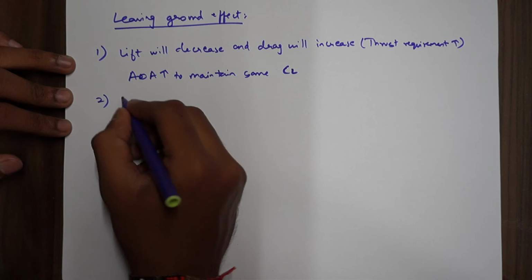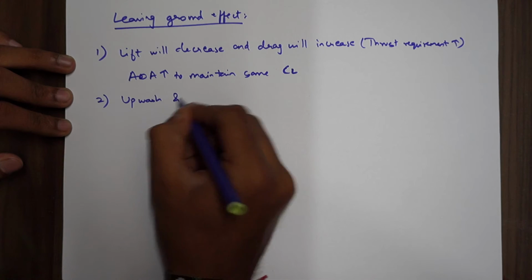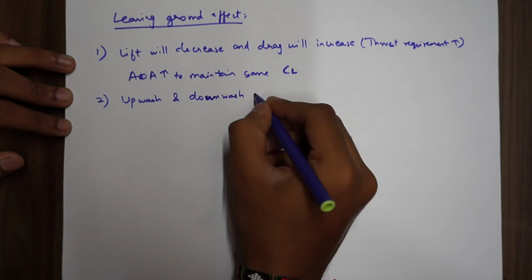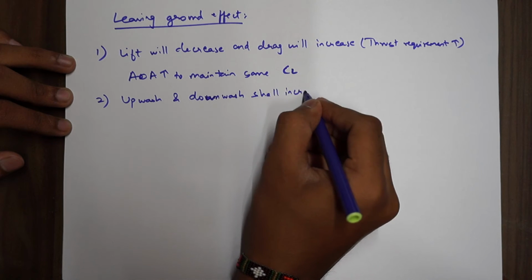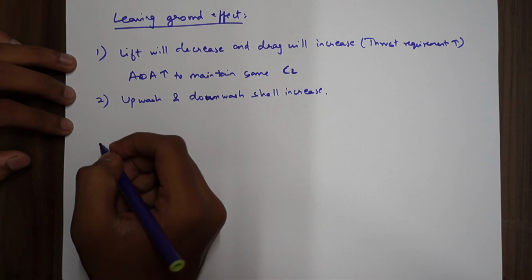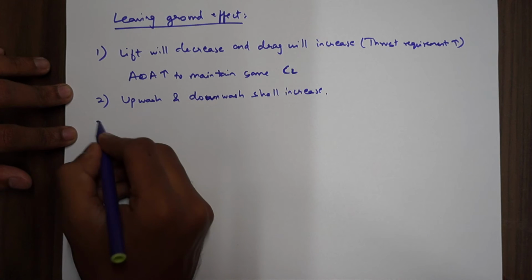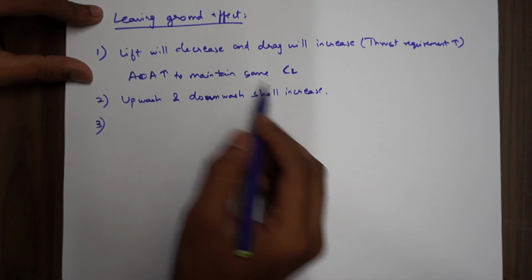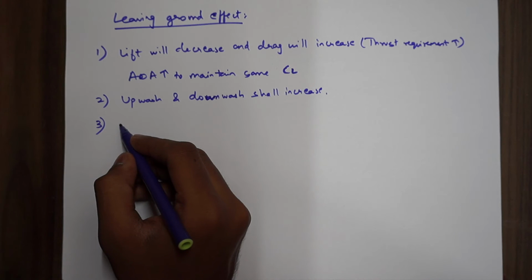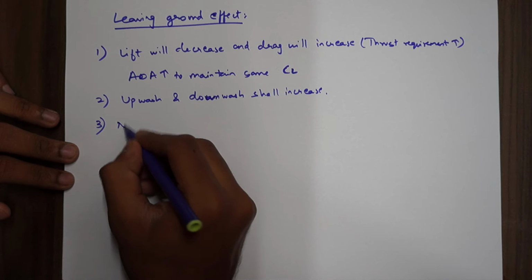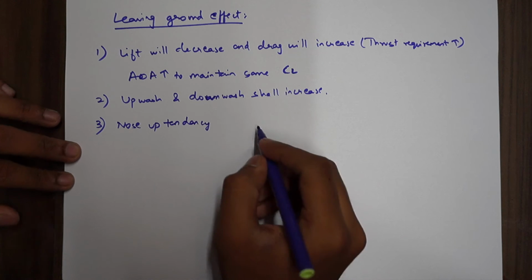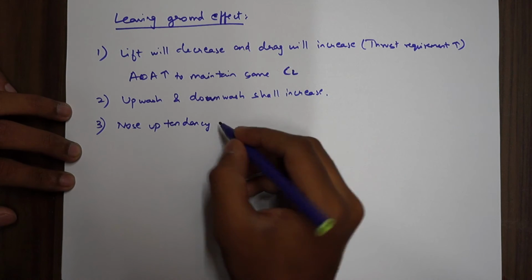Then the second point: both upwash and downwash shall increase. Now what happens is just the opposite here. Since the upwash and downwash increase when you leave ground effect, the aircraft will have a nose up tendency, due to the decrease in effective angle of attack at the tail plane.